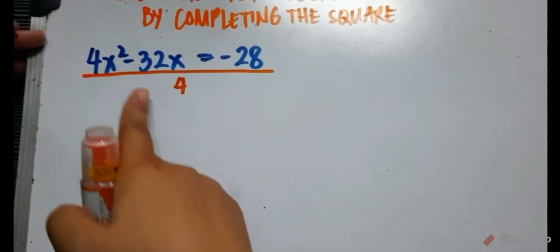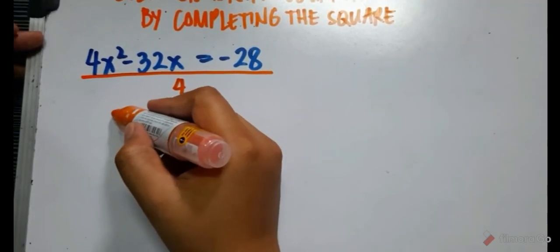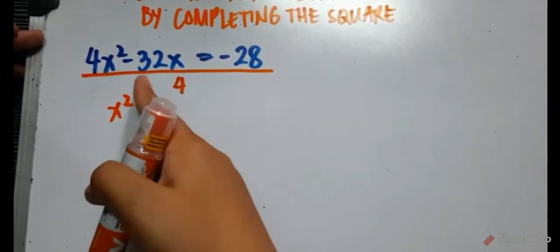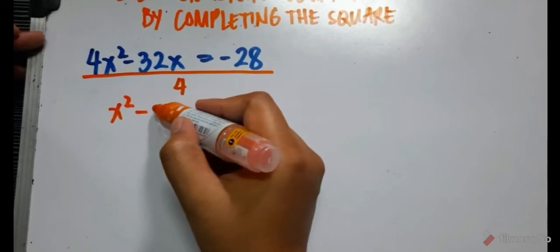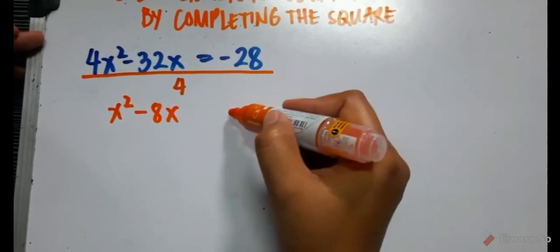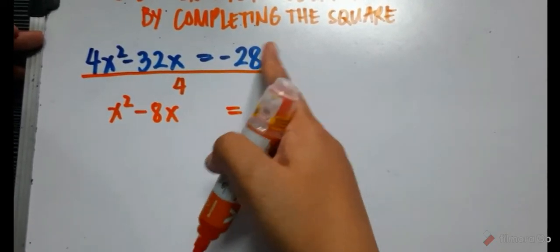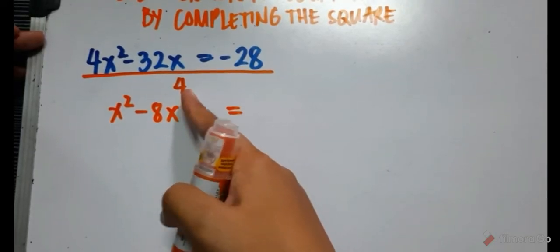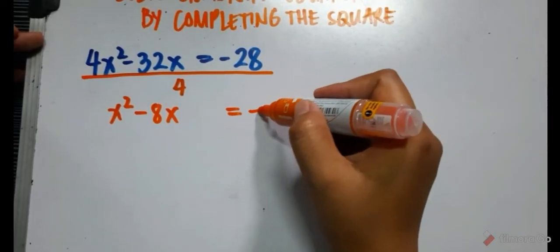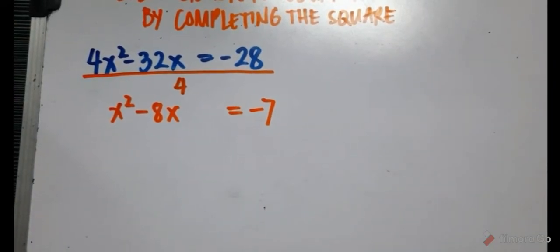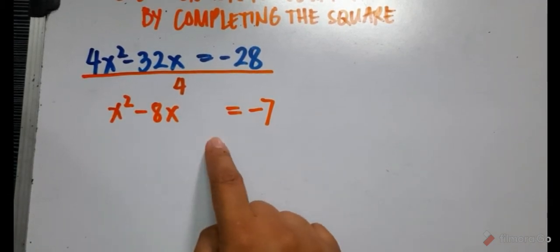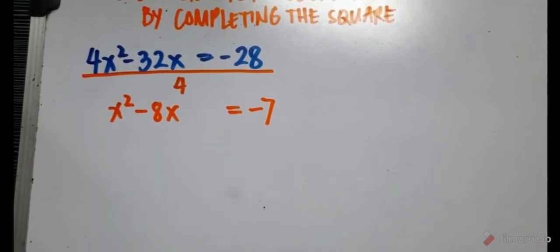So 4x squared divided by 4 is x squared. Next, negative 32x divided by 4 is negative 8x is equal to negative 28 divided by 4 is negative 7. So next step, we are going to make the left side of the equation a perfect square trinomial.